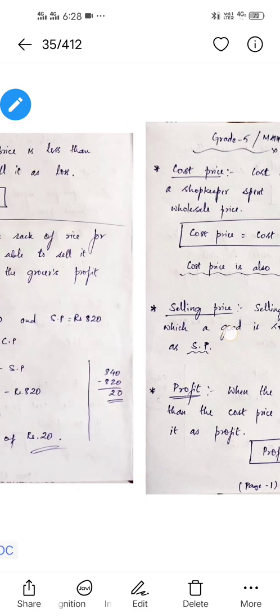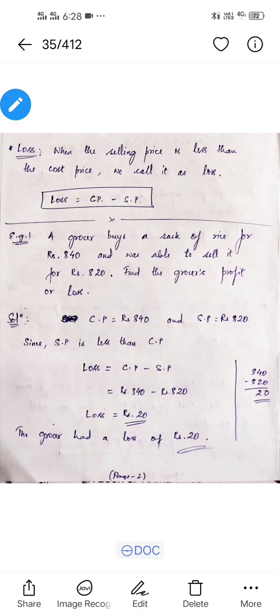Okay, so now what is loss? When the selling price is less than the cost price, we call it loss. I'm reading it once again. When the selling price is less than the cost price, we call it loss. Loss formula: CP minus SP.